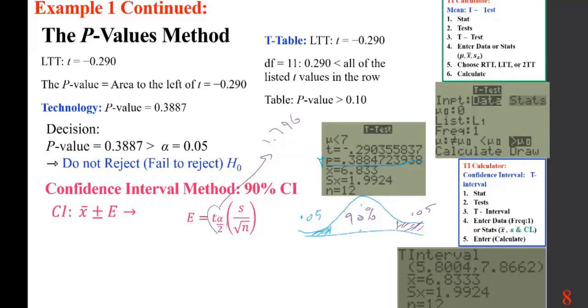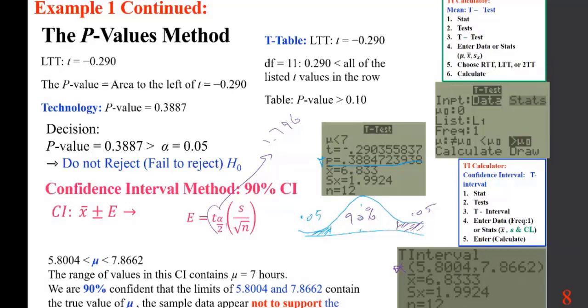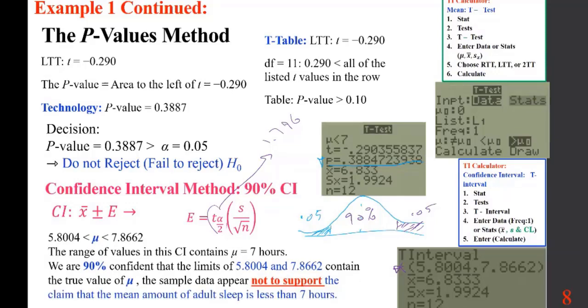We are 90% confident that this is the interval that contains the true population mean, so you cannot reject H0 according to this calculation. The range of values in this confidence interval contains mu equals 7 hours, so we are 90% confident that the limits of 5.8004 and 7.8662 contain the true value of mu. The sample data appear not to support the claim.